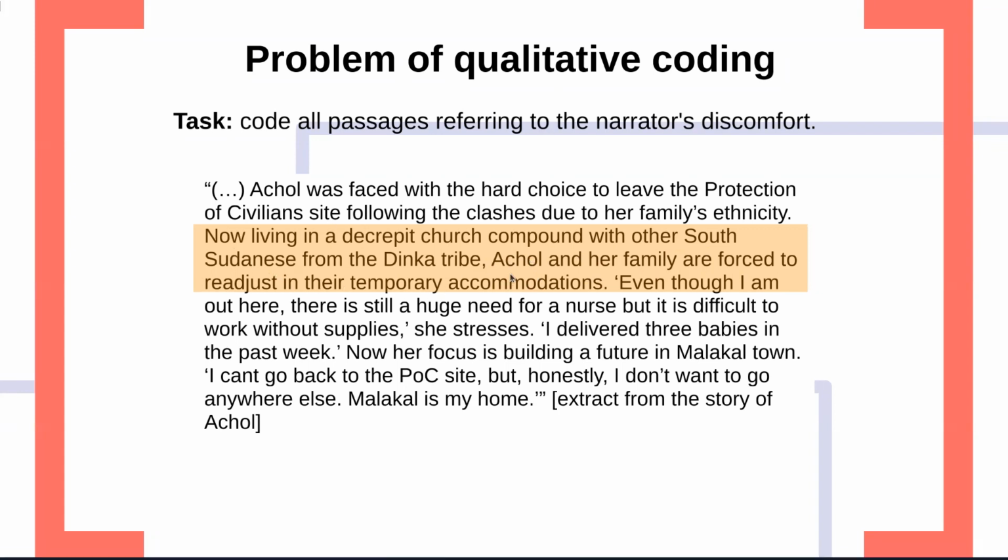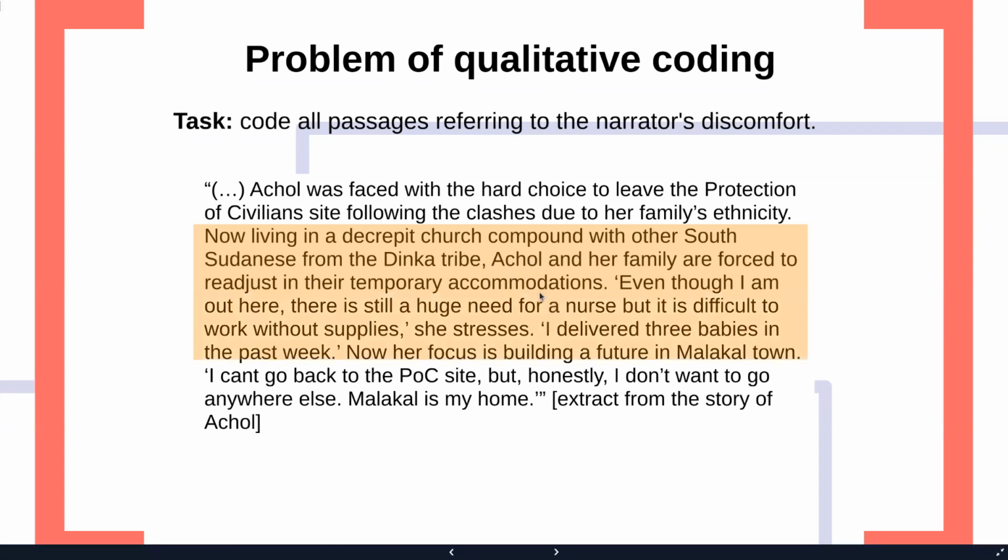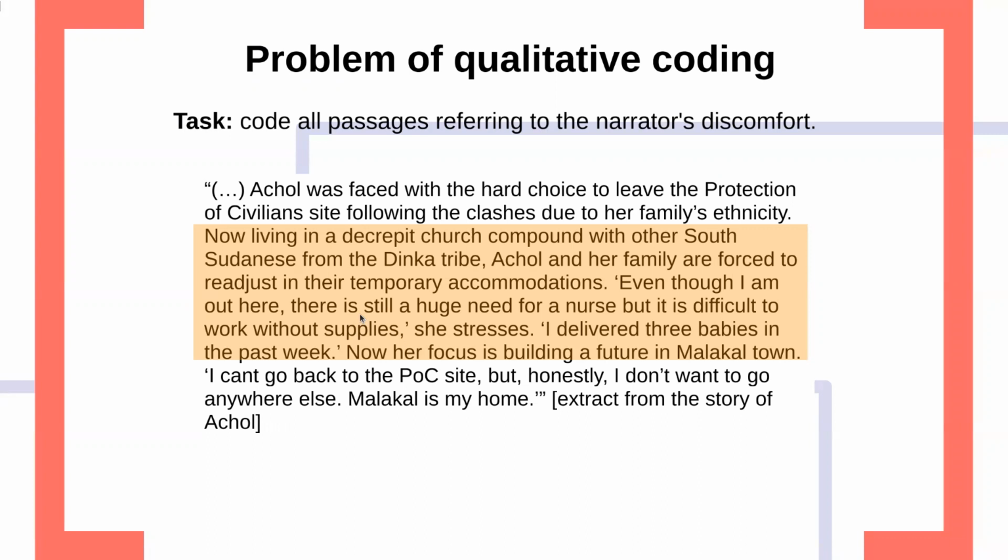But another coder could code this piece, and also the following one: "Even though I am out here, there is still a huge need for a nurse, but it's difficult to work without supplies." So this is also discomfort, a kind of working discomfort.